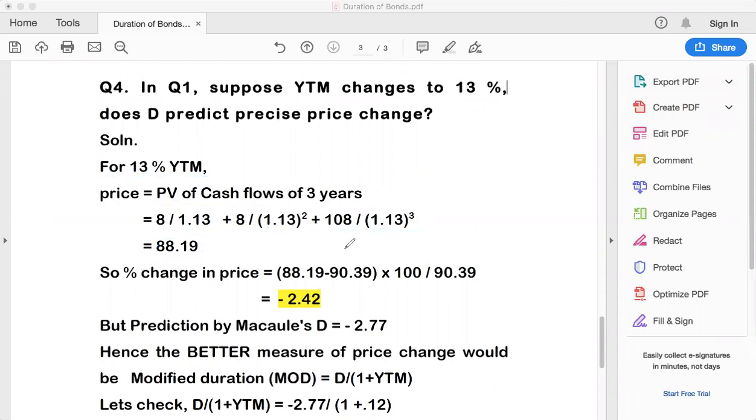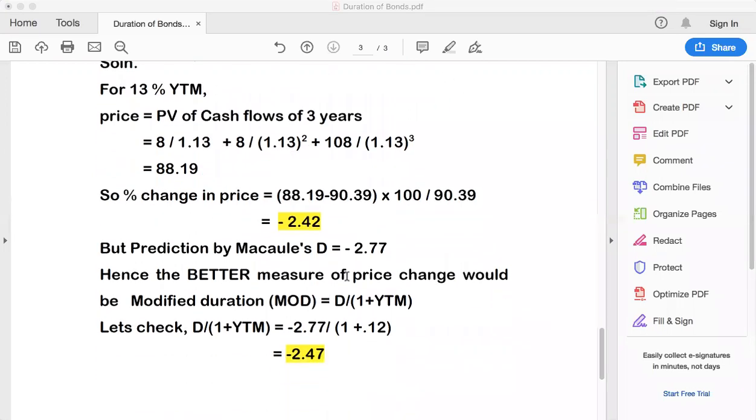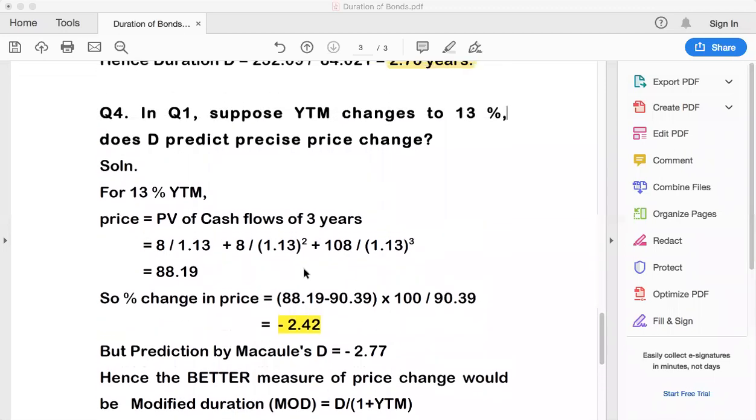So you plug in the elasticity formula, you simply calculate the percentage change in price, because this is what the market is going to pay for this 13% YTM. And we found that for 12% YTM, the market was paying this much price. So the price has fallen, and how much in percentage terms? This fall is 2.42%. The new price minus the old price divided by the old price, right? So this is the percentage change in price.